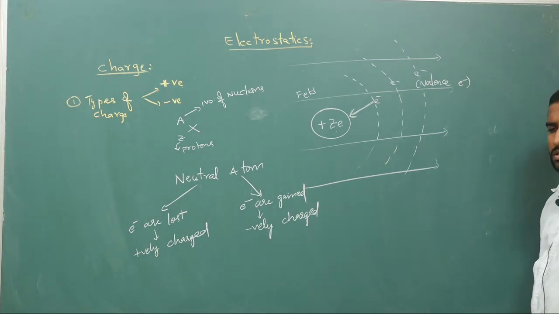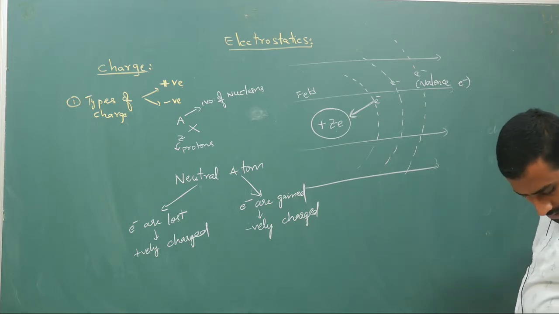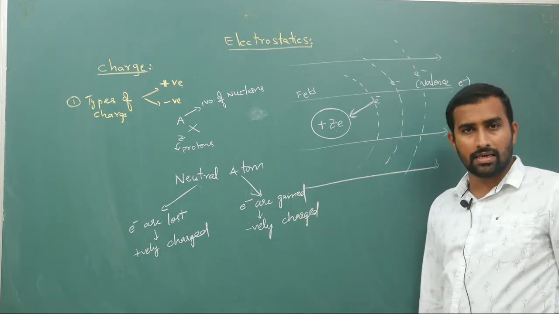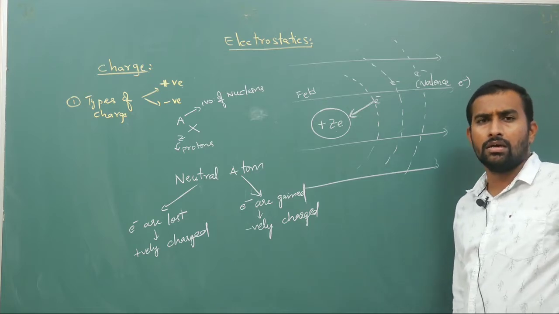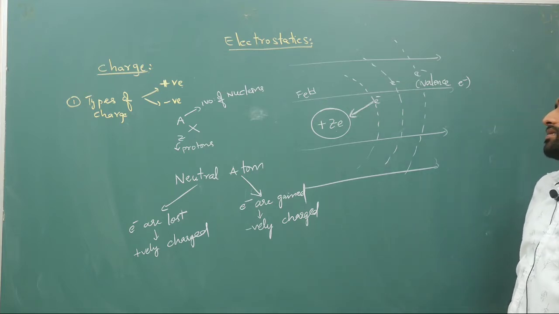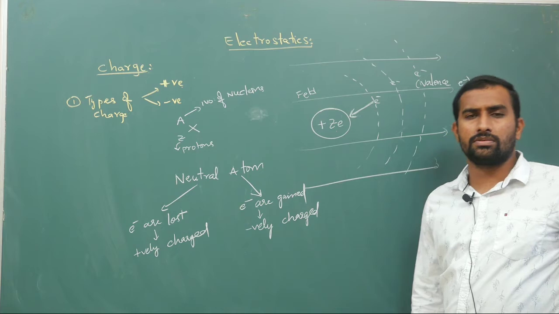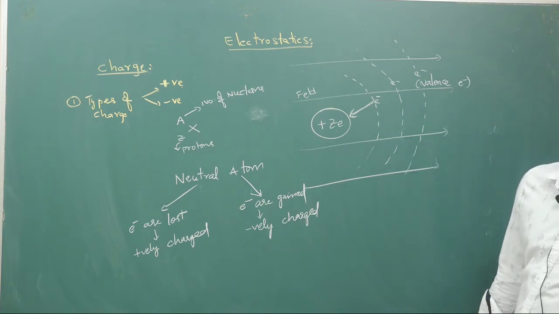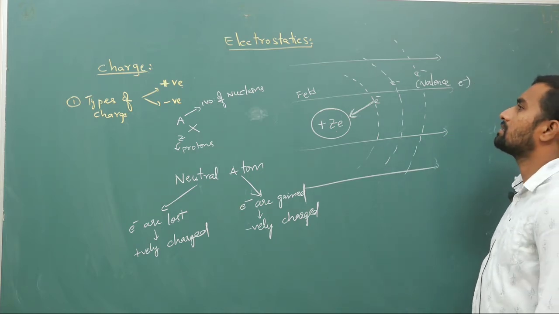This is your first property of charge. We can never remove protons from the nucleus unless you bombard it and produce some nuclear reactions. Emission of protons will not happen so easily, except in nuclear reactions.